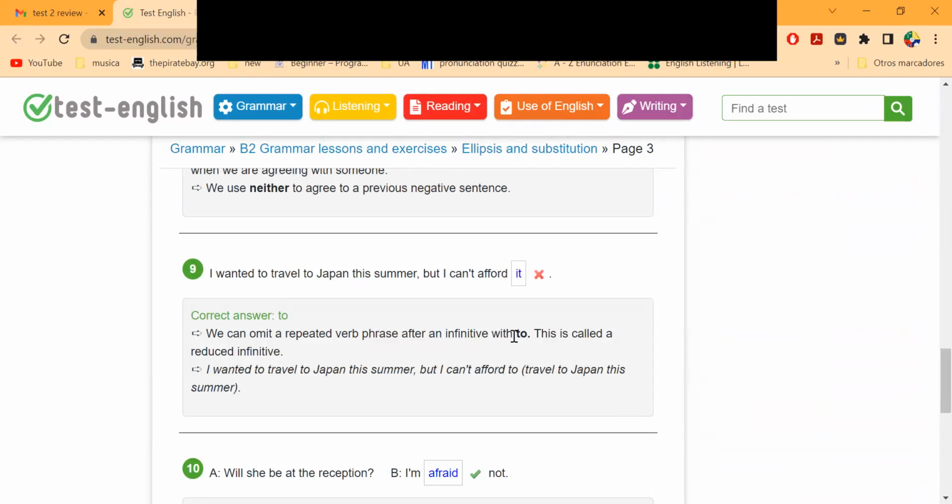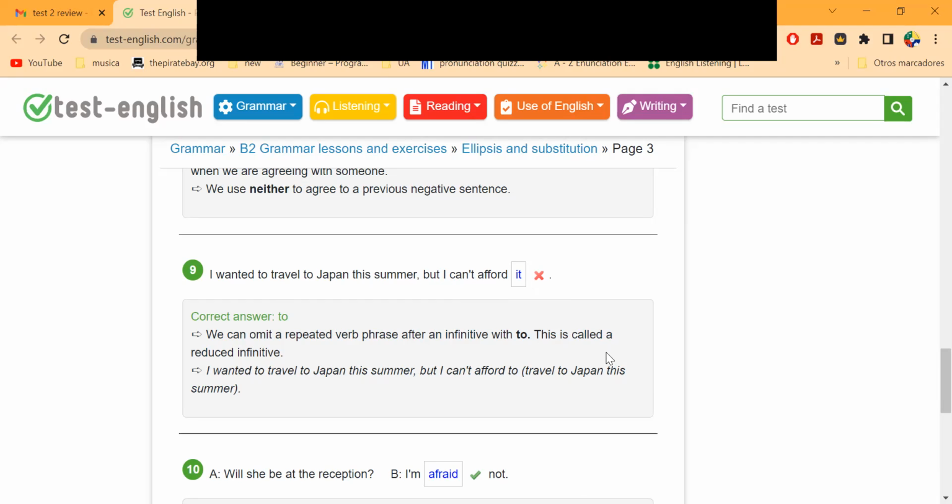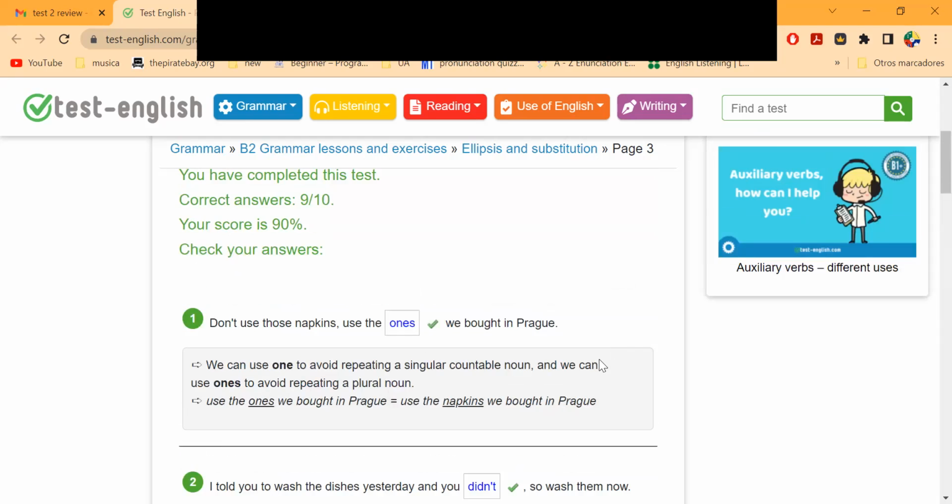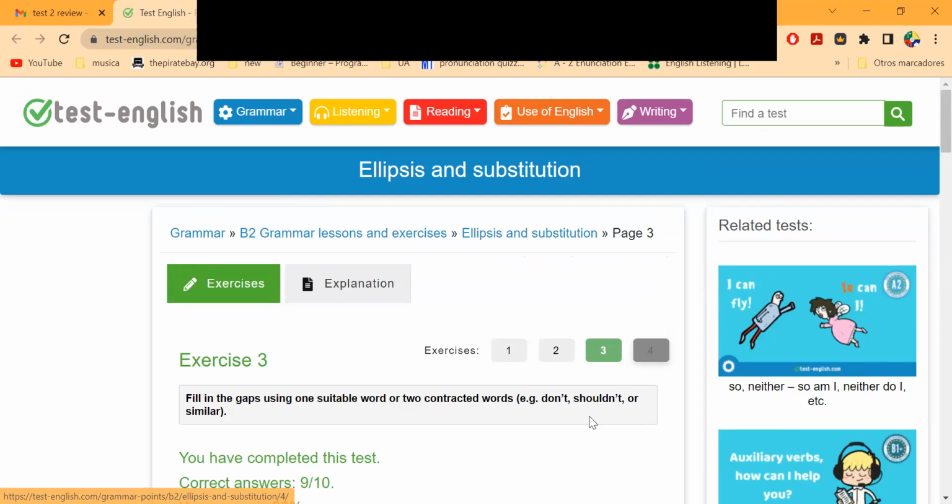Aquí está. So we can omit a repeated verb phrase after an infinitive with to, okay? But in a test, I would accept this and I would accept to do so, right? Right. Okay, let's continue with exercise 4, my friends.